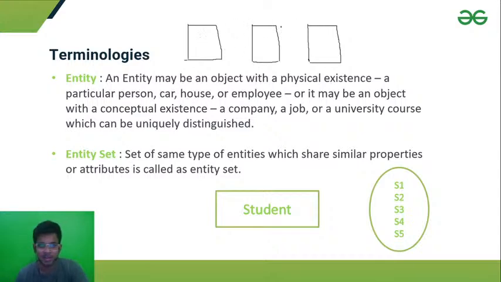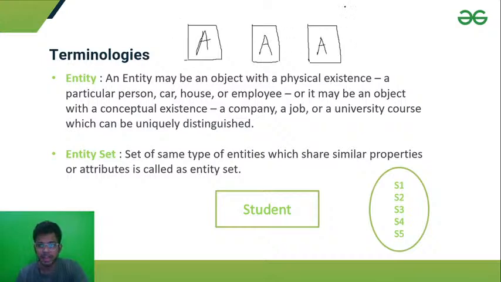The drawing is quite bad, I know, but let's suppose we have three notebooks of the same brand, same size, same thickness, same height, and everything is the same about all three. Can we distinguish any one notebook from the others? Everyone will say that as everything is the same between them, we cannot distinguish them. So is it an entity right now? No, we cannot say it is an entity because it cannot be uniquely distinguished among the rest.